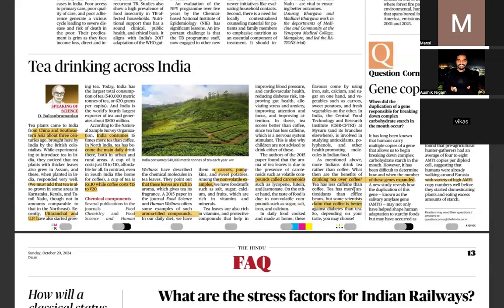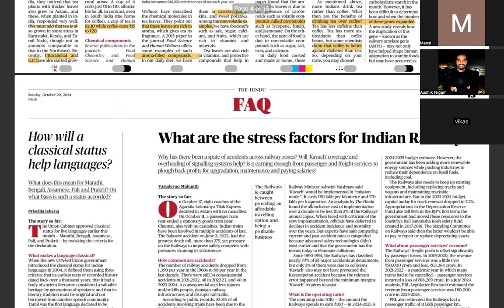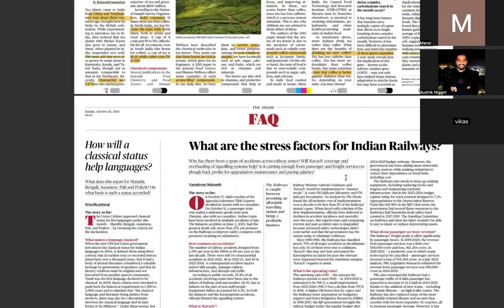So again, each has its own benefits and its own negative impact. So tea consumption has become a behavioral aspect of the Indian civilization. So related to stress, anxiety, cardiovascular health, vitamins and protective compounds are helping in dealing with such cases, blood pressure, cardiovascular health, reducing diabetes risk. But again, consumption in a regulated manner is recommended.